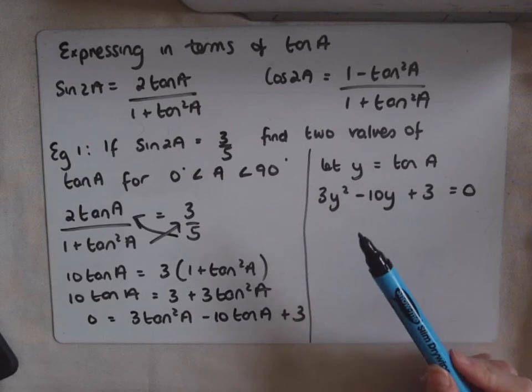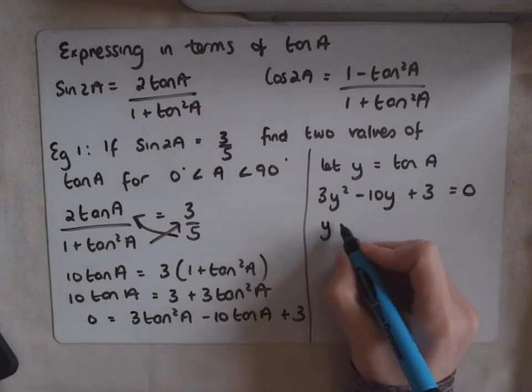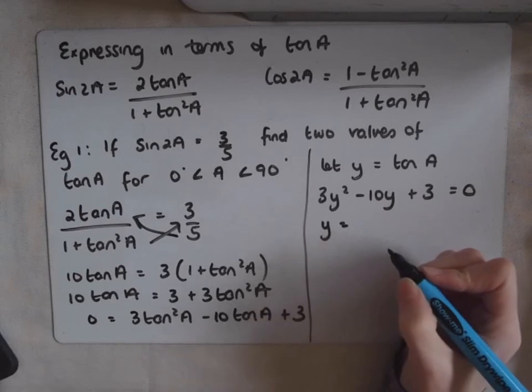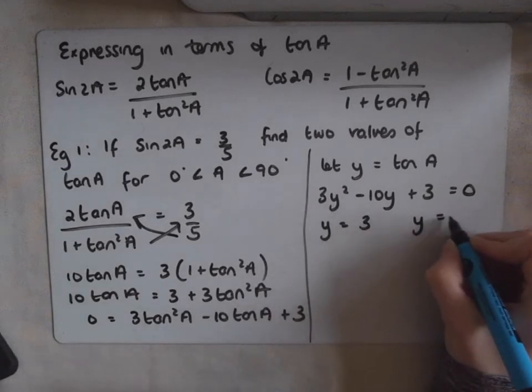And from here, you're going to do factorizing, or minus b. And so you've got your 9, 10 plus, so I get y is 3 and y is a third.